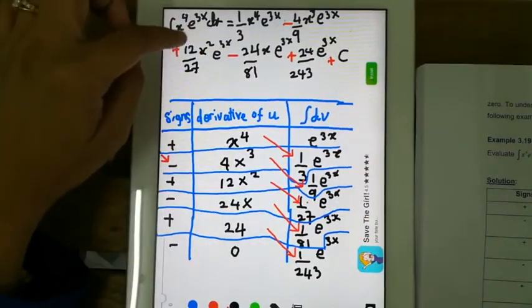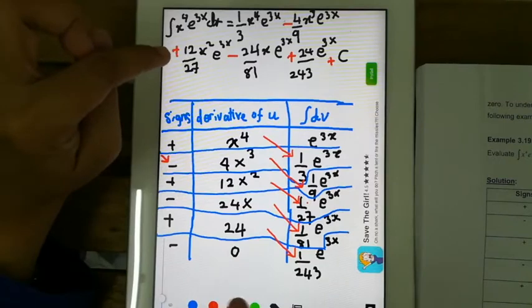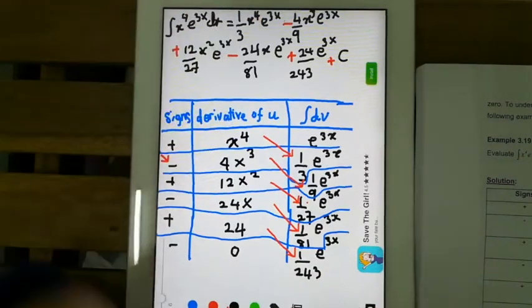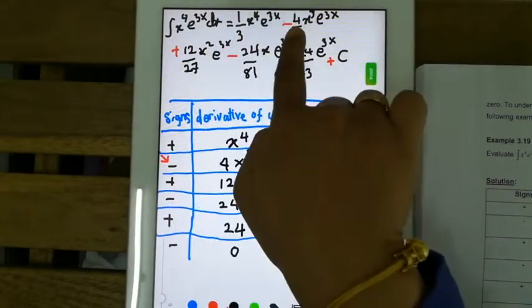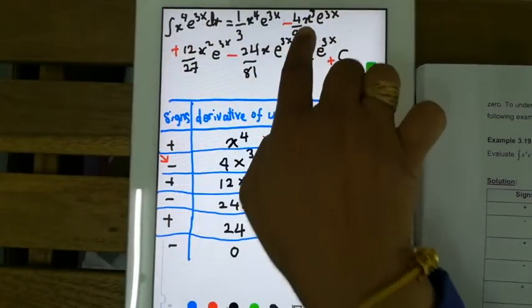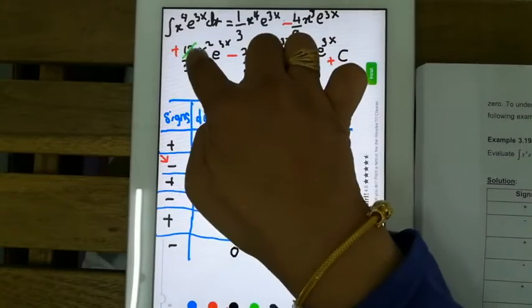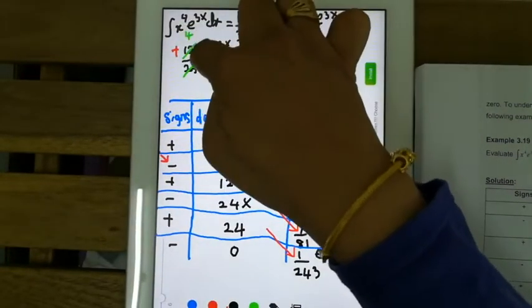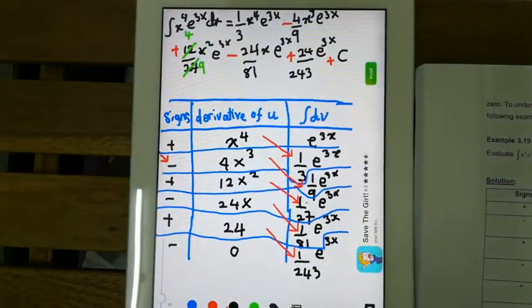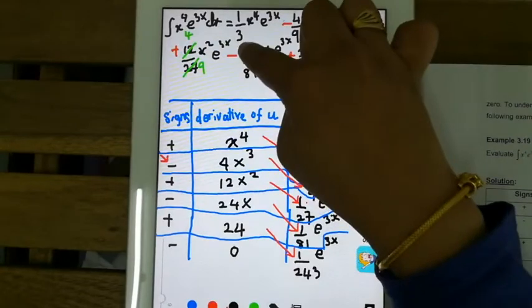Alright, so the next thing you can do is try to simplify it wherever you can. So 1 over 3 minus 4 over 9, this is already simplified, but this one you can do. It will become 4 over 9. The next thing is 24 over 81. You can simplify it.